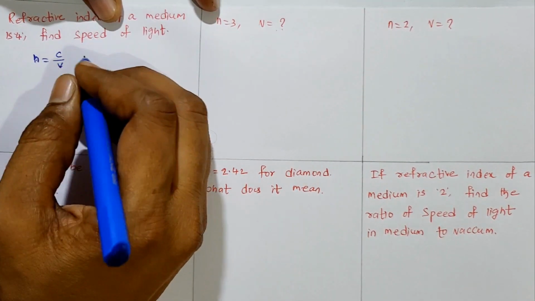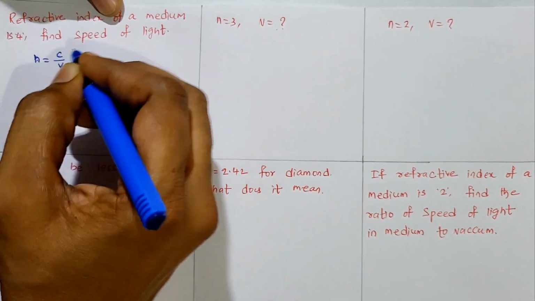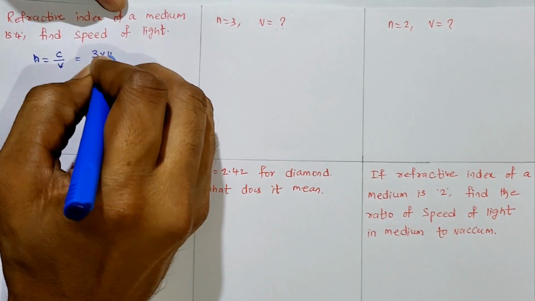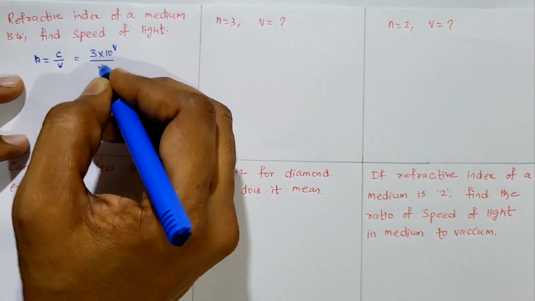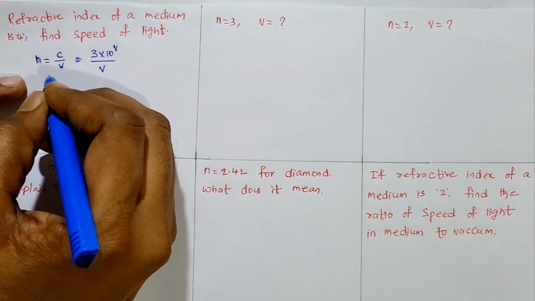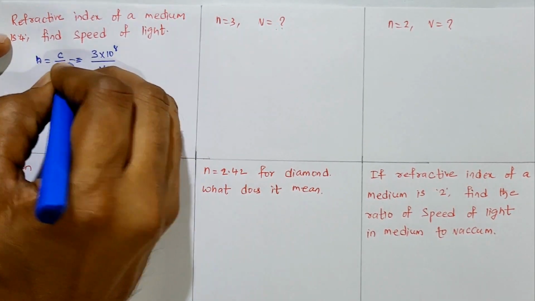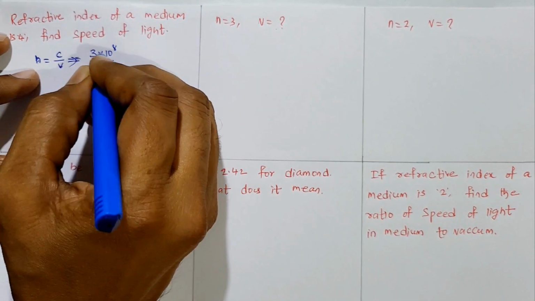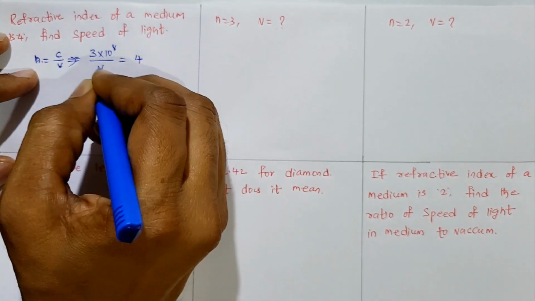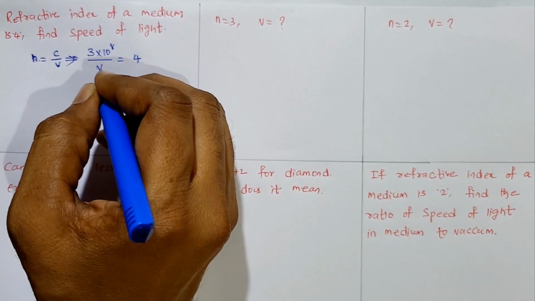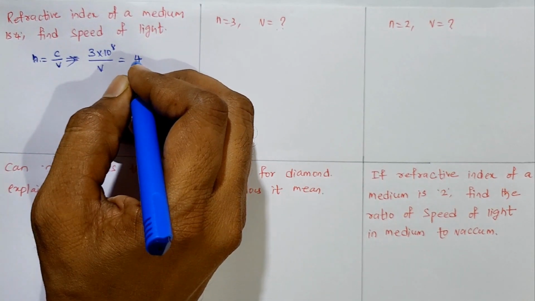So n is equal to c by v. The value of c is 3 into 10 power 8 meters per second divided by v, which should be found out, is equal to the refractive index they gave, 4. V we have to find out. If we send v this side, it becomes 4 into v.